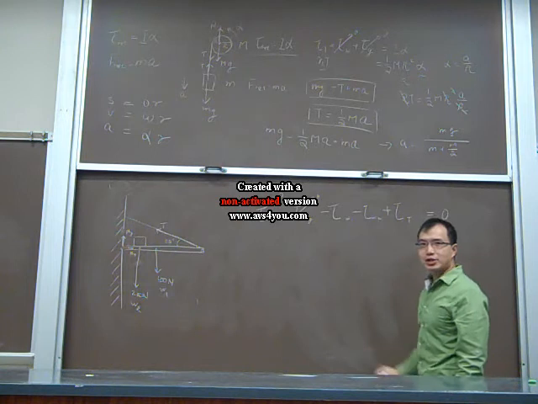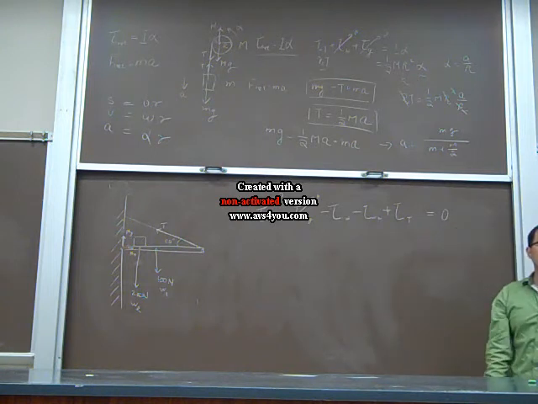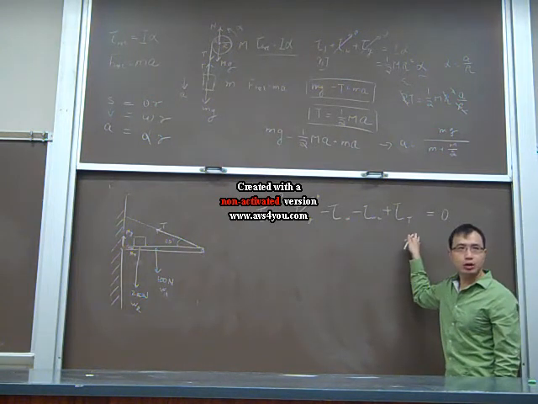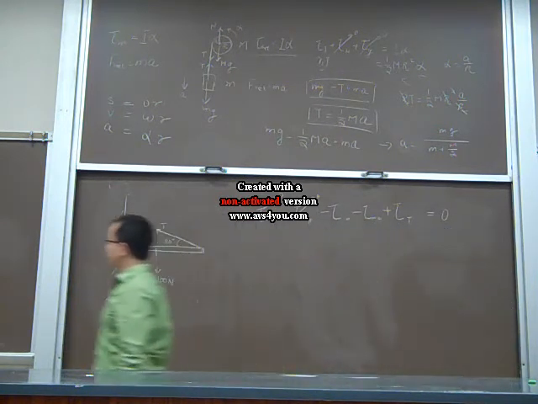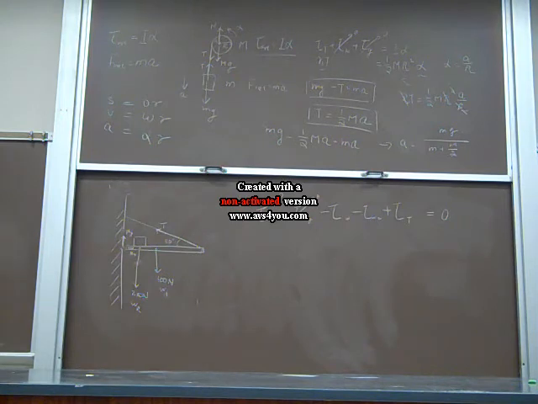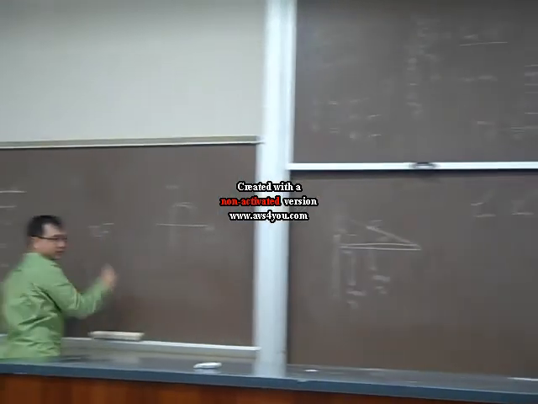Now, we want to calculate the tension T. We can just expand each term to relate them to the force. For torque, you can always use R perpendicular multiplied by that force.